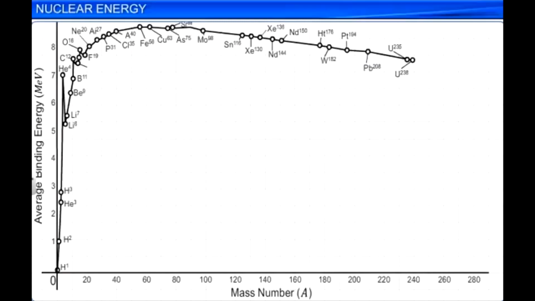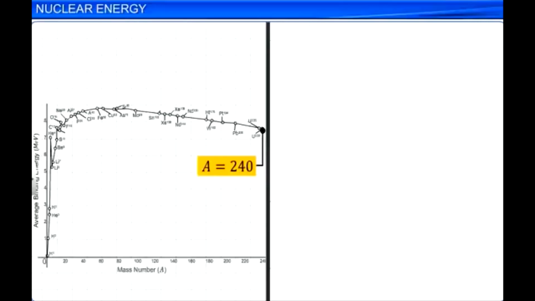Let us now estimate the amount of nuclear energy or the value of Q being released during fission. Consider a nucleus of mass number A equal to 240 undergoing a nuclear fission. From the average binding energy versus mass number curve, we observe that for A equal to 240, the average binding energy is 7.6 MeV.